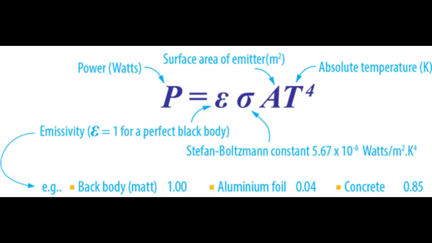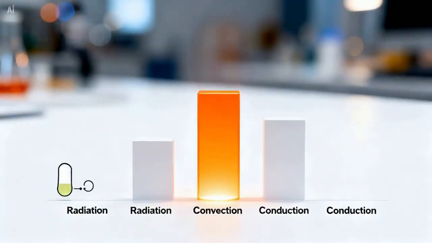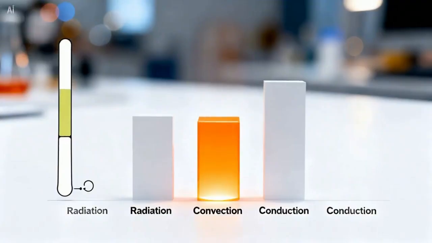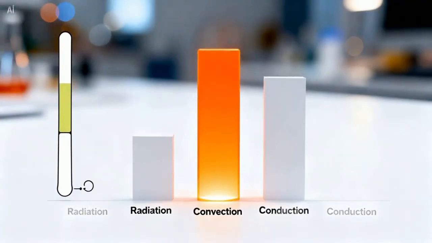Let's take a closer look at the physics of radiation. Recall the Stefan-Boltzmann law expressed by the physical formula shown on the screen. These exponential relationships explain why radiation accounts for between 80 and 90% of total heat transfer.